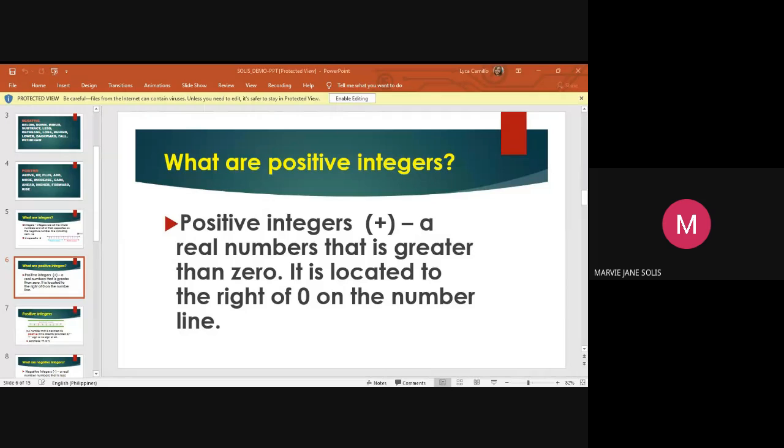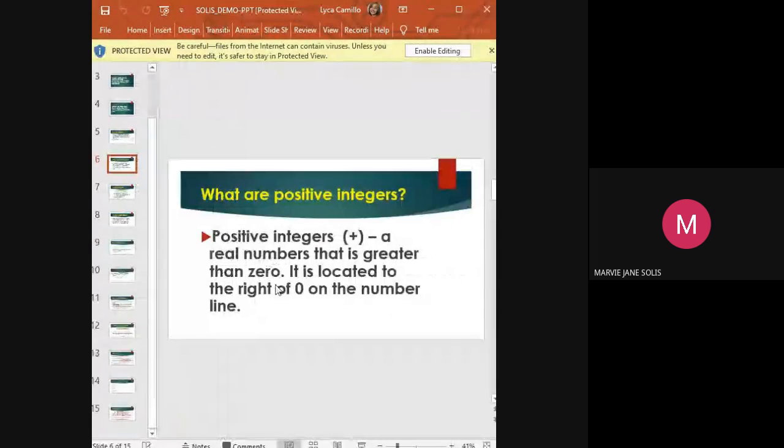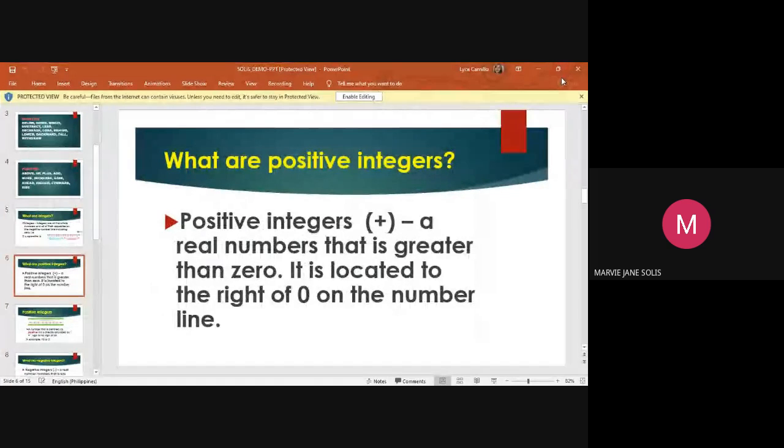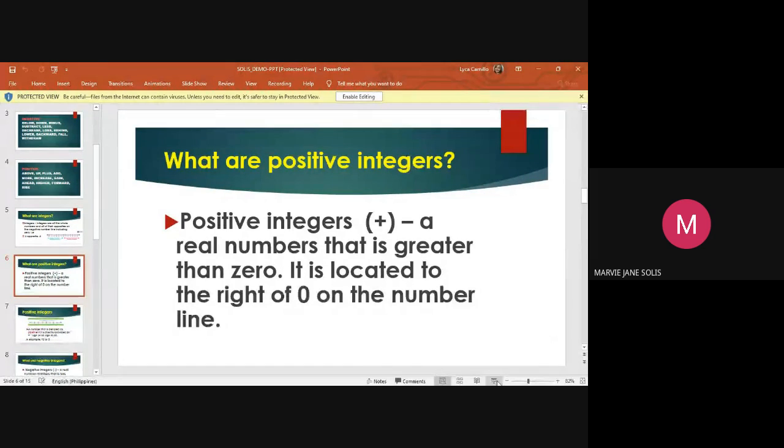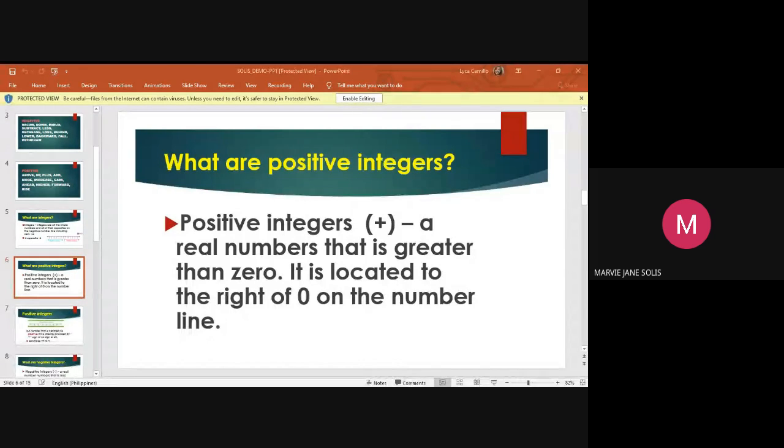So, what are integers? Integers are all the whole numbers and all of their opposites on the negative number line, including 0. So all whole numbers and negative numbers are integers.